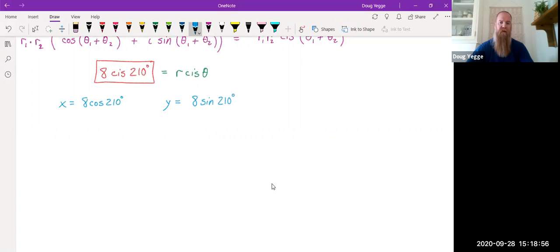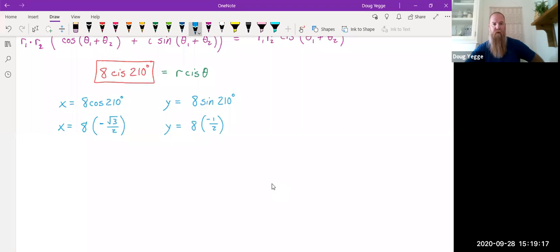Well, 210 degrees is in the third quadrant. So we just need to realize that x is equal to 8 times the third quadrant answer. So cosine is negative root 3 over 2, while y is going to be negative 1/2.